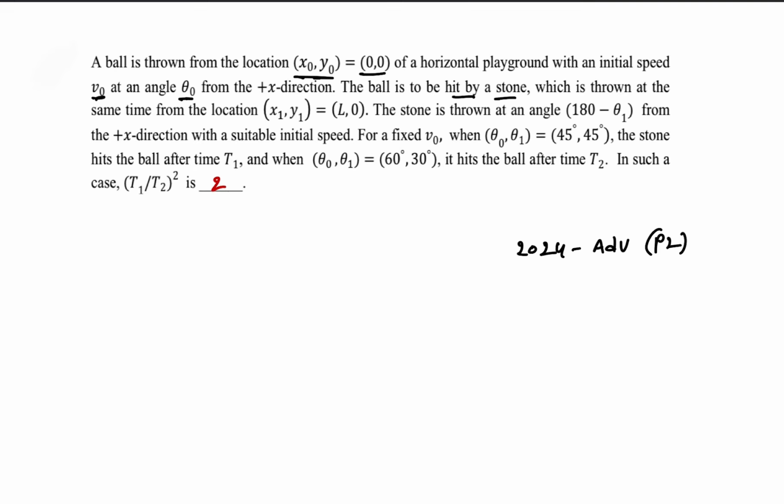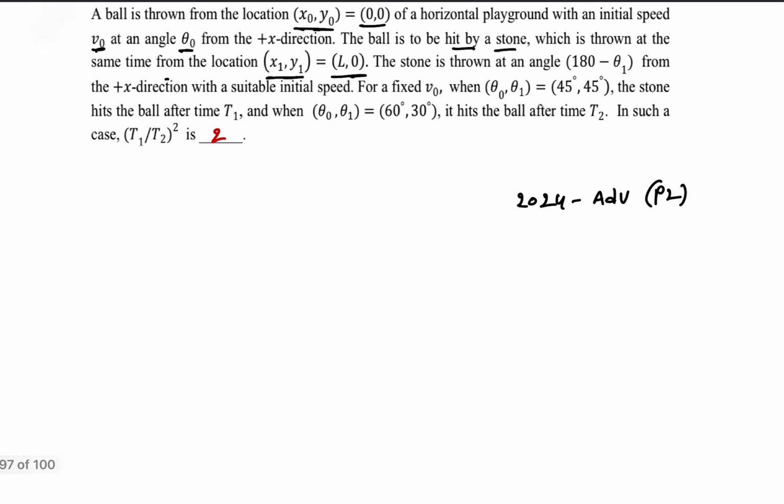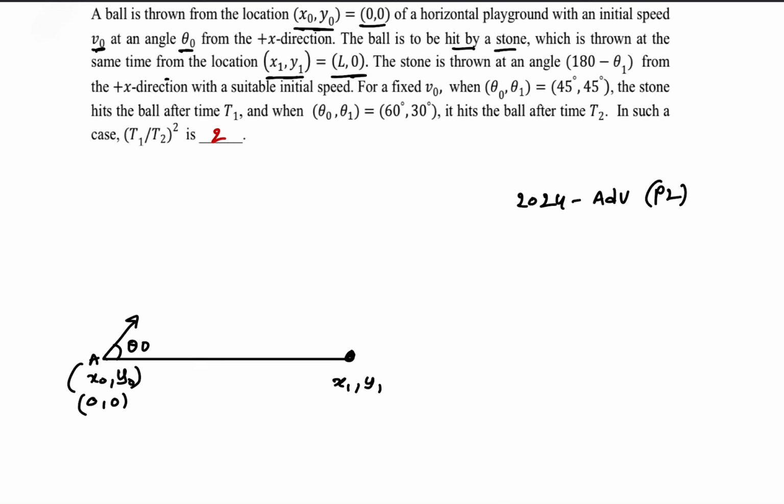The ball is to be hit by a stone which is thrown at the same time from the location x1, y1, that is L, 0. You observe this. One particle at x0, y0, that is 0, 0, particle A, is projected making an angle theta naught with the x-axis. On the other side there is a particle located at x1, y1, that is L, 0, projected like this.